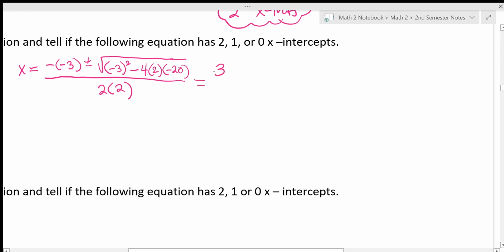Negative b becomes a positive 3 there, plus or minus radical b squared minus 4 times a times c. Again, I've got one negative within that 4 times a times c, so that is 8 times 20. So that becomes a plus because I have the minus and negative. It's going to be plus, and then 4 times 2 times 20 is 160.